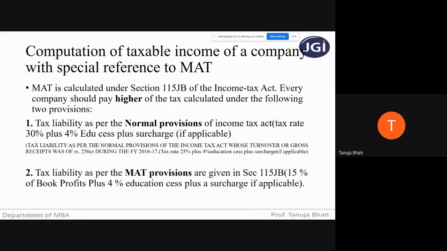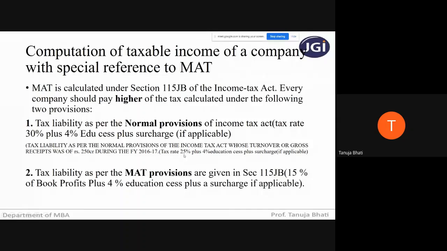Tax rate in case of companies is 30% plus 4% education cess plus surcharge only if applicable. For companies whose turnover or gross receipts did not exceed rupees 250 crore during the financial year 16-17, tax rate is 25%.